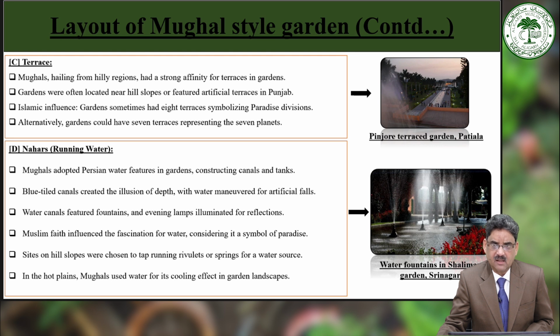Incorporating nahar, or running water, the Mughals embraced Persian water features in their gardens, constructing canals and tanks. The use of blue-tiled canals created an illusion of depth with water manipulated for artificial falls.